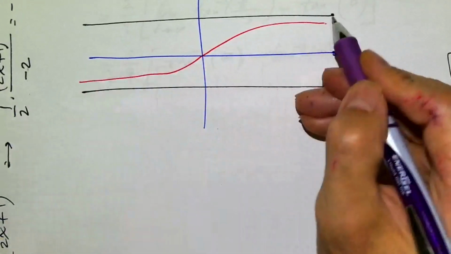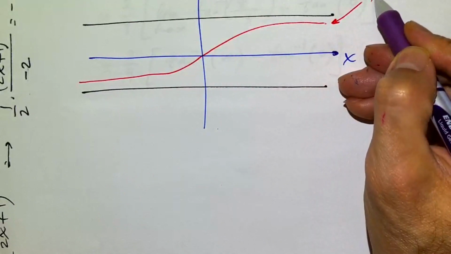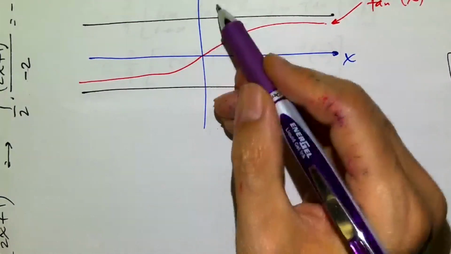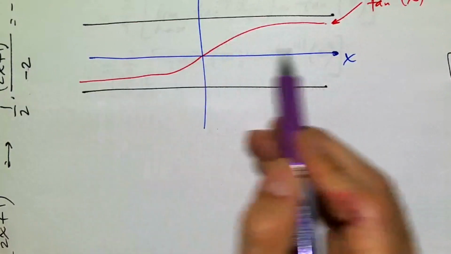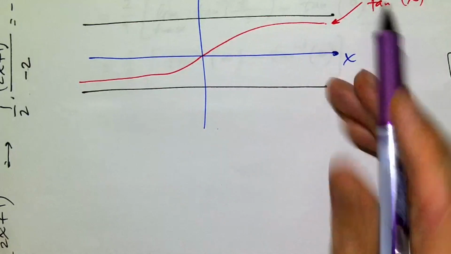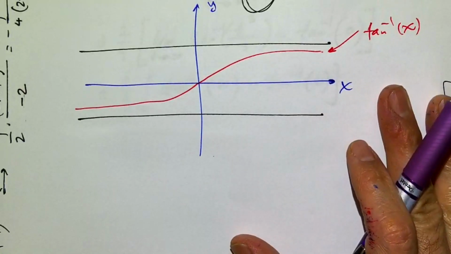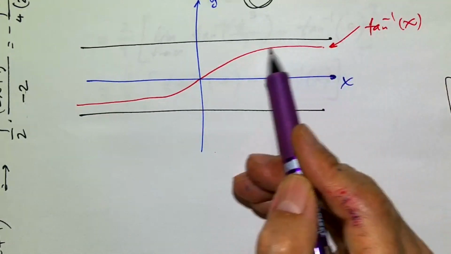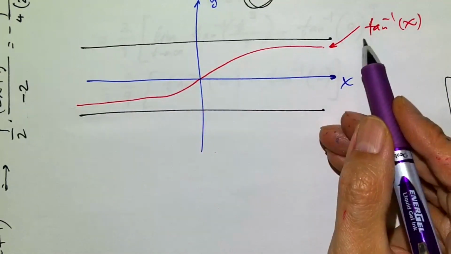Its domain goes from negative infinity to infinity, as shown in this picture. I apologize, I was a little bit off the screen.